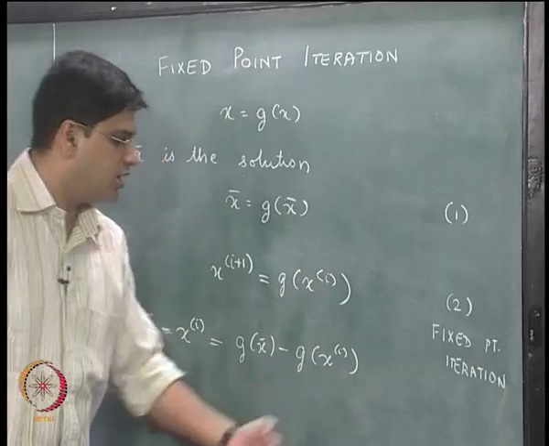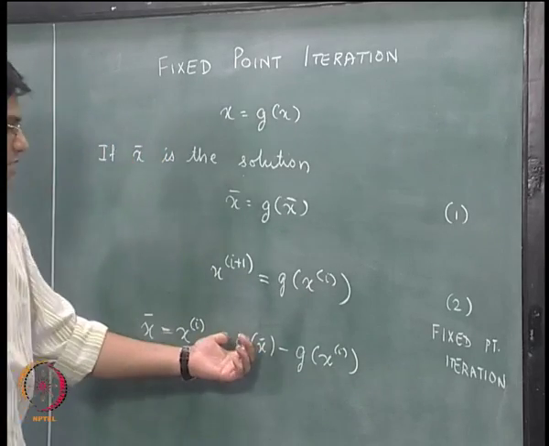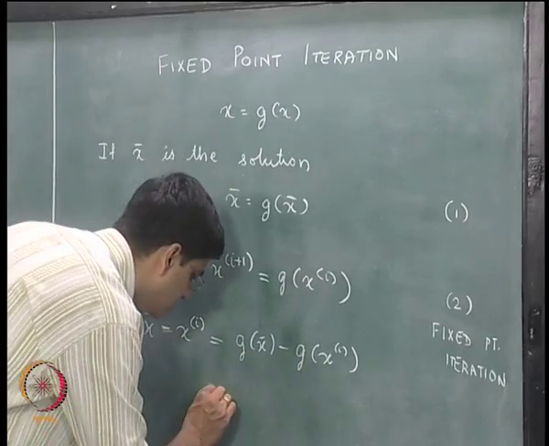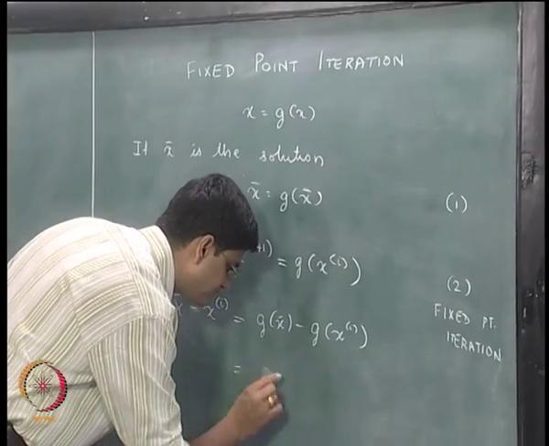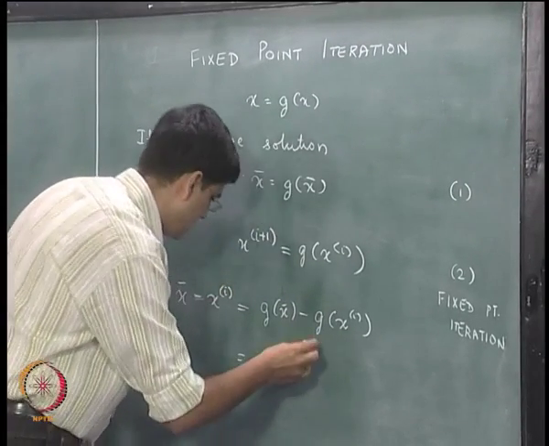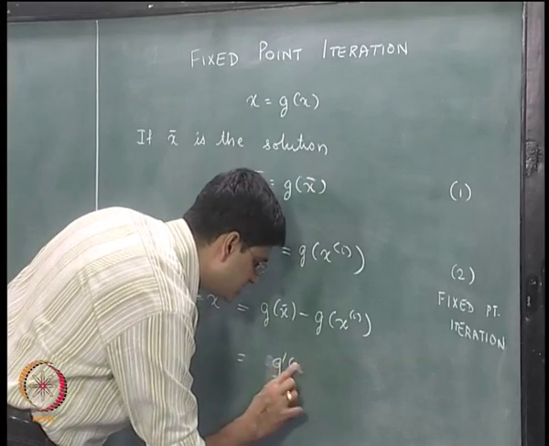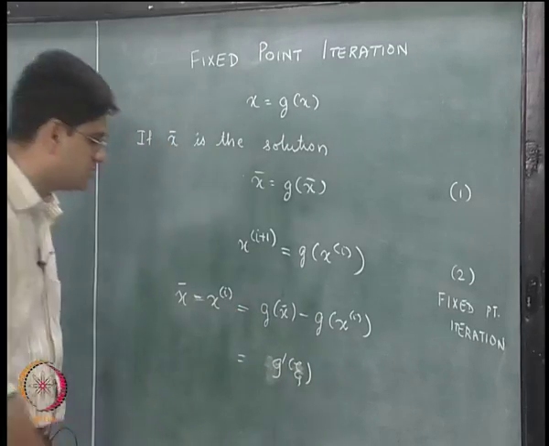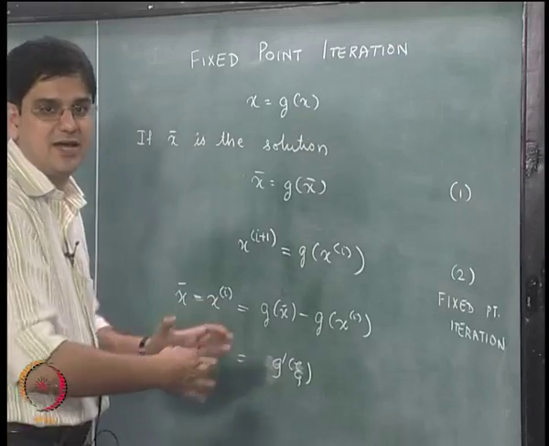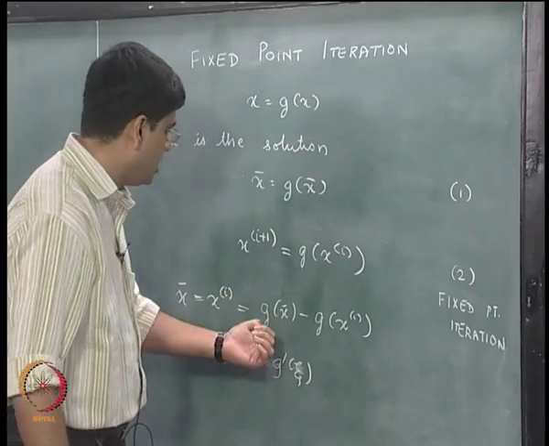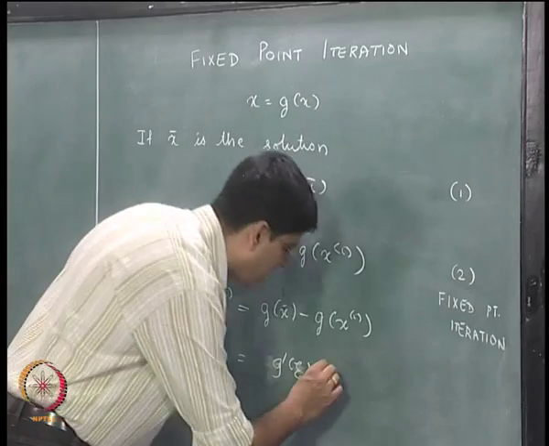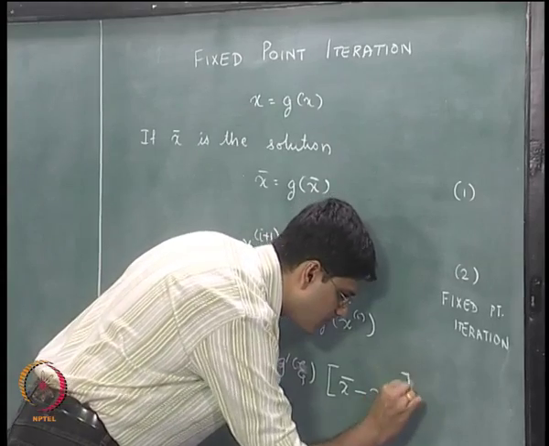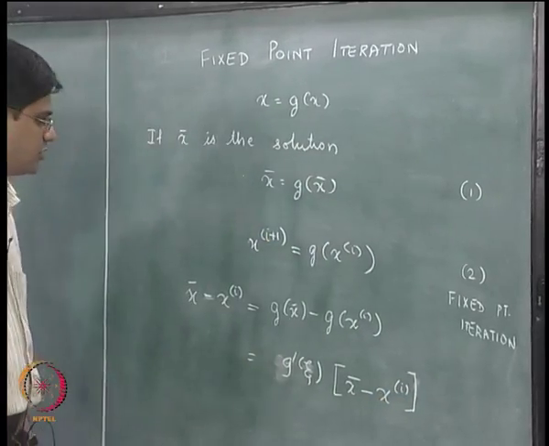Now by the mean value theorem, we can write this expression as g dash of some value zeta, where zeta is a value that lies between x_i and x bar, multiplied by the delta x, which is x bar minus x_i.